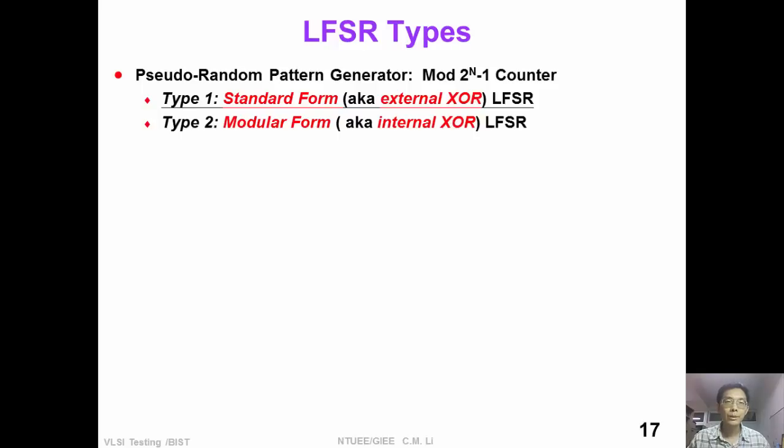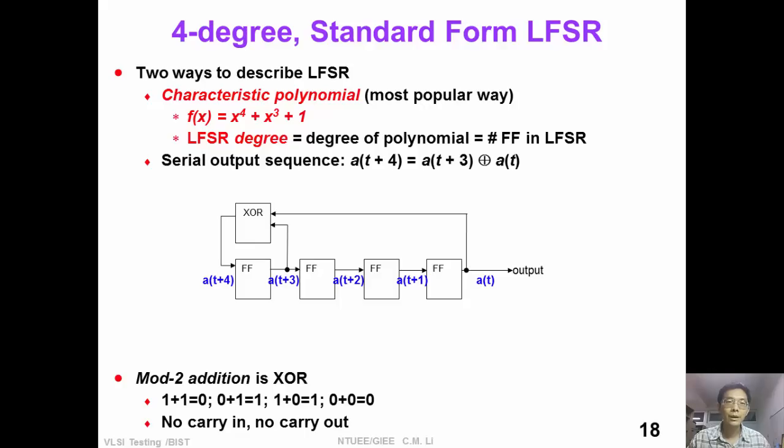There are two popular types of LFSR. Type 1 is called standard form LFSR, also called external inclusive OR LFSR. We are going to focus on type 1 today. This slide shows an example of a 4-degree standard form LFSR.